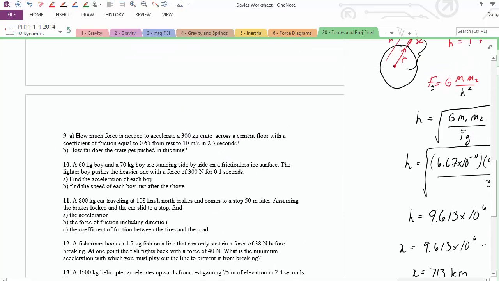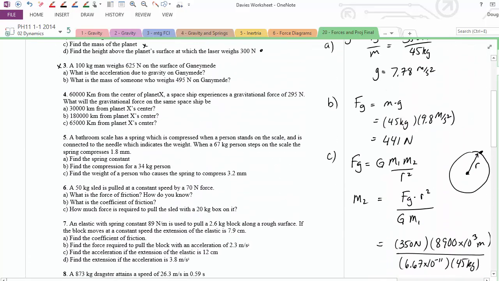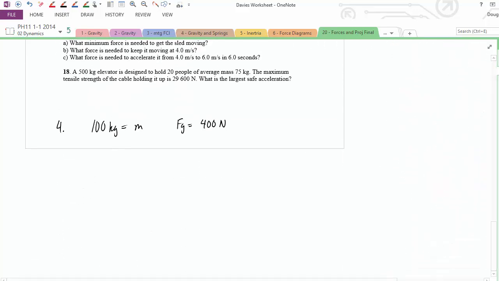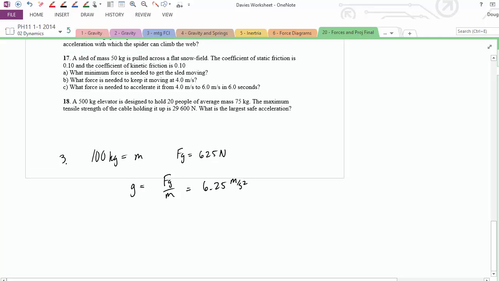So g is equal to Fg divided by m, so that's just 6.25 meters per second squared.